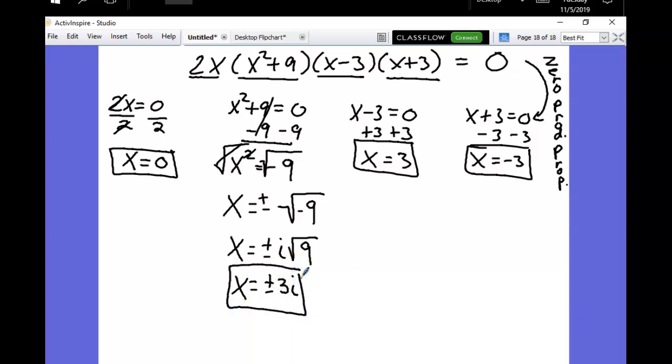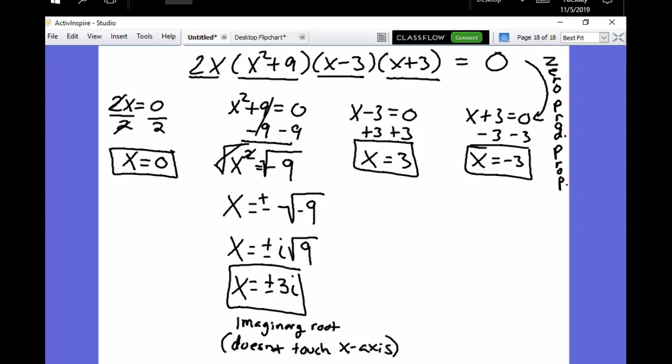Now, what this means is that this is an imaginary root, and it doesn't really touch the x-axis there. This doesn't exist, right? Doesn't touch x-axis. So this polynomial really only touches the x-axis in 3 places, but how many roots are there altogether?